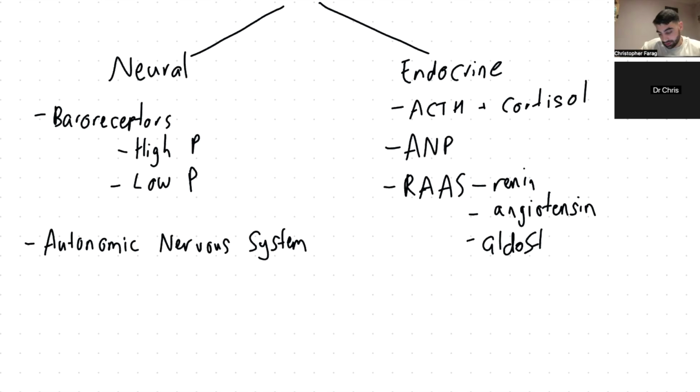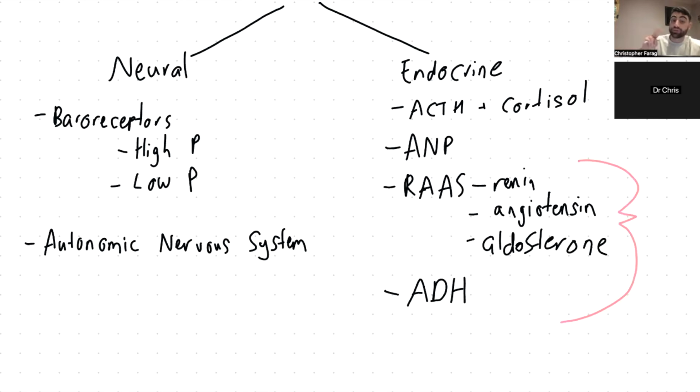Now, this system plays hand in hand with our final hormone, antidiuretic hormone, or ADH, also known as arginine vasopressin, depending on where you look, but it's the same thing. So the focus for this video is going to be on this part here, RAAS and antidiuretic hormone, which work together quite well.